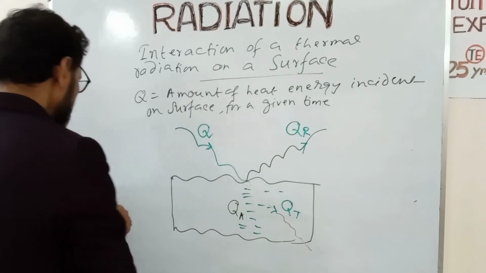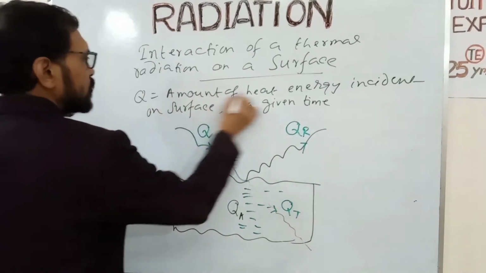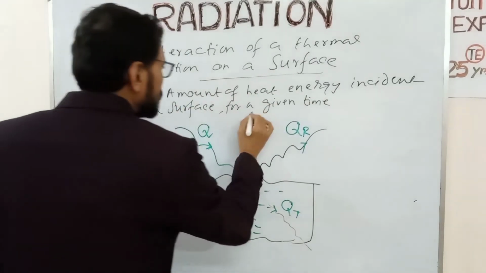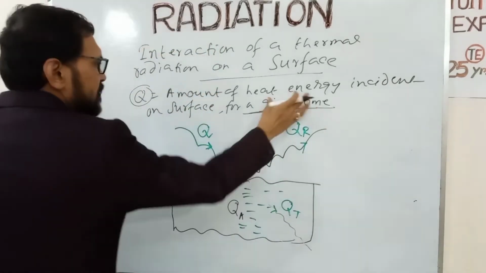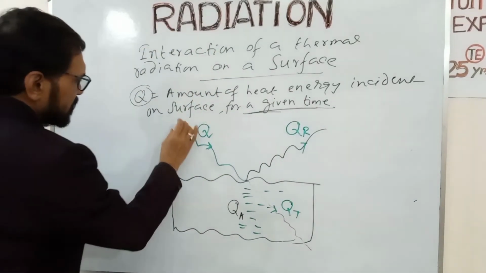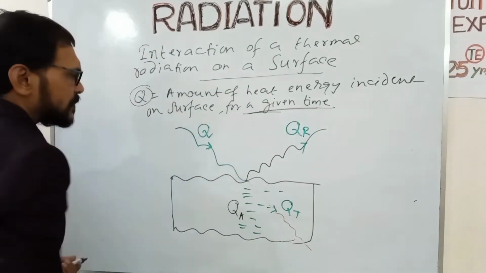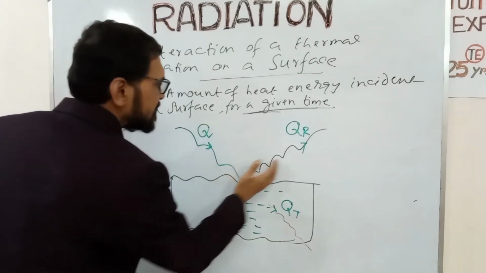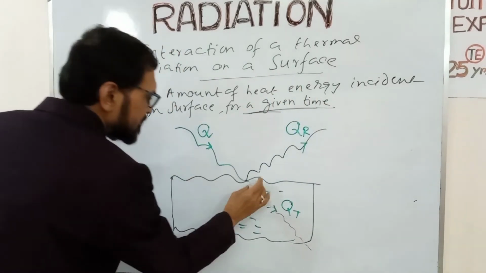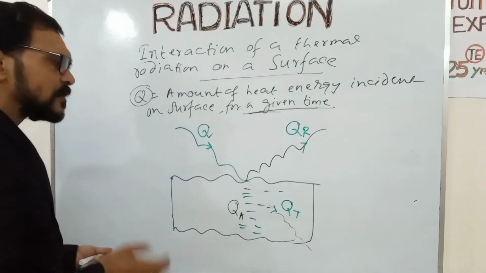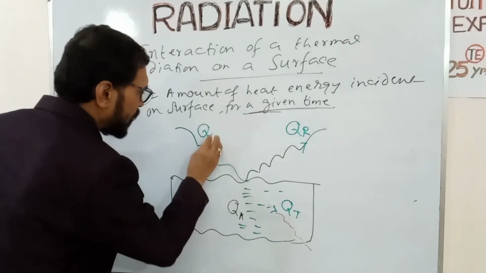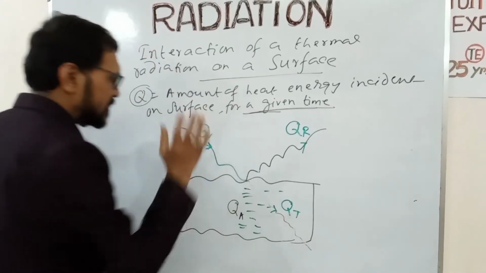So when we mention an energy, we always mention a given time. So for a given time, Q is the total energy incident on a surface. Some part of this energy is reflected, some part is transmitted, like the reflection of light, and some part of the incident energy is absorbed here.